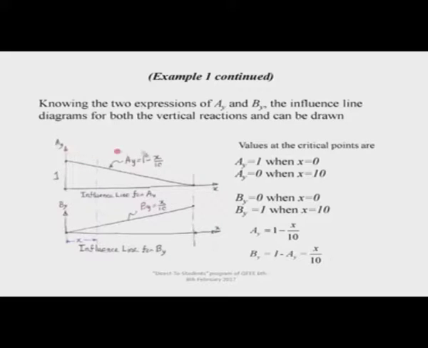As the live load moves over the span, this is the variation of the reaction here. Please remember, it is the change of the reactions here. If the live load is here, this is the effect on the reaction here. If the live load is here, this is the reaction here. So, this is the use of the influence line diagram.